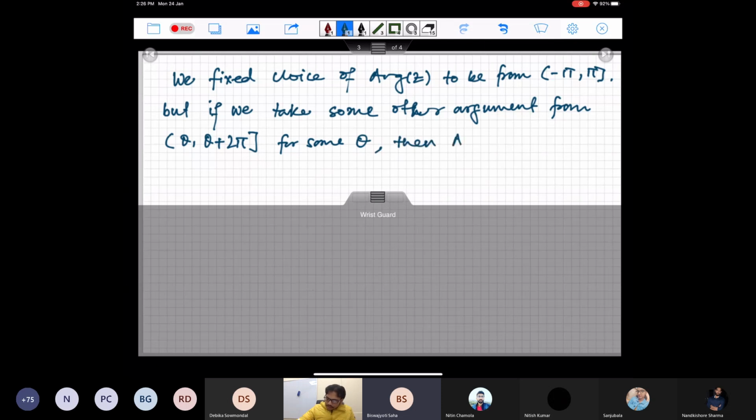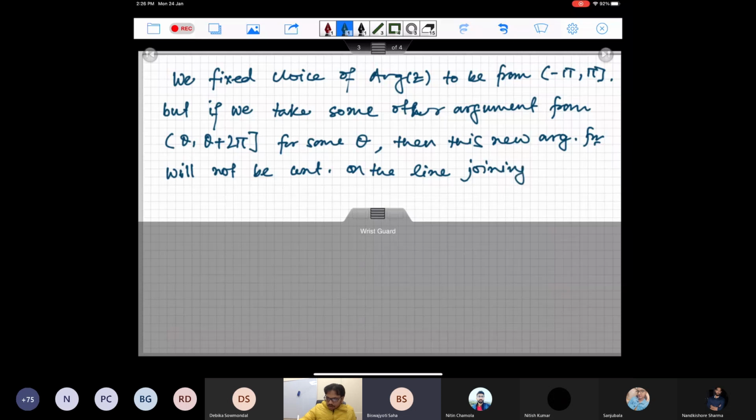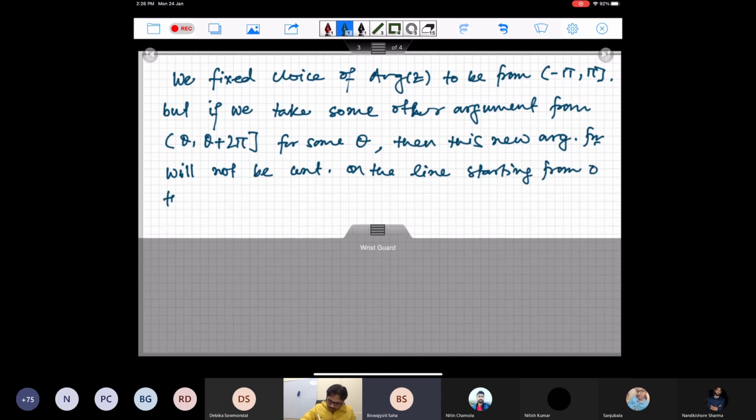Then this new argument function will not be continuous on the line starting from 0 through e to the power I theta.